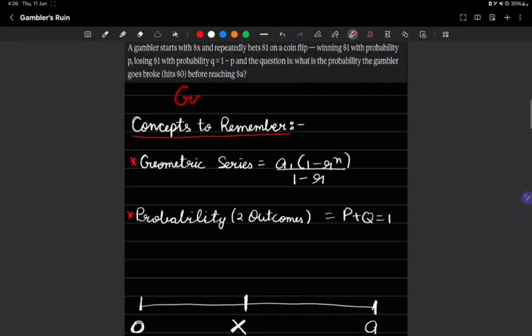Today we are solving a very famous problem called gambler's ruin.